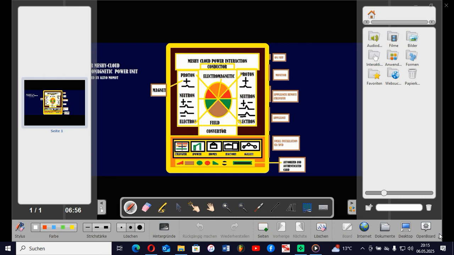Here we have the I transfer, the I power, the I homes, the I factory, and the I galaxy. We have a window here that tells us about modular, about I transfer.